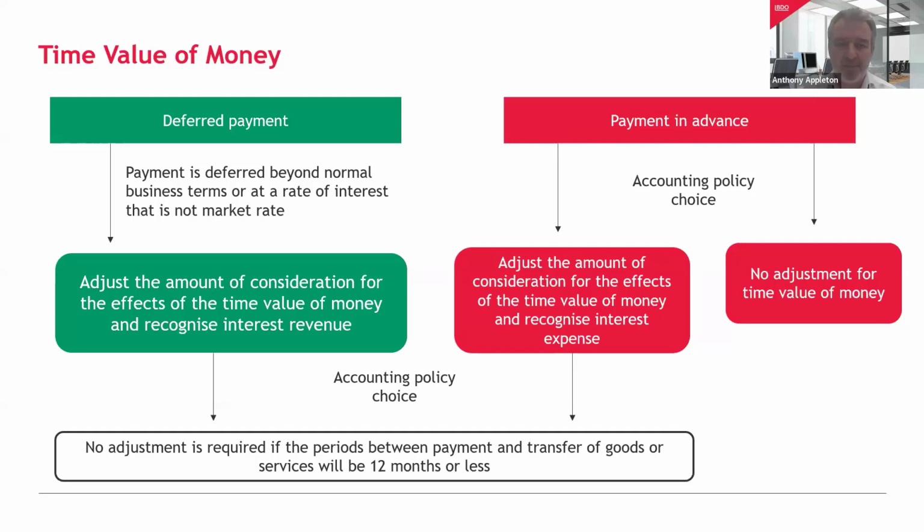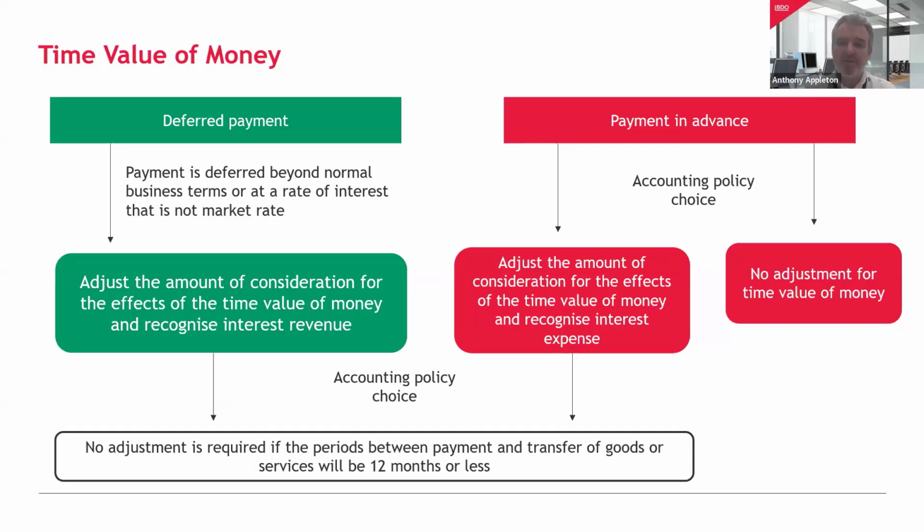If it's a deferred payment, first thing you do is consider whether these are just normal business terms, or we are charging an interest rate that's not a market rate. So we look to see, in other words, are we providing some kind of financing component in there? If we are, we've got to adjust the amount of consideration for the effects of that time value of money, and we discount that amount back using a market rate of interest.